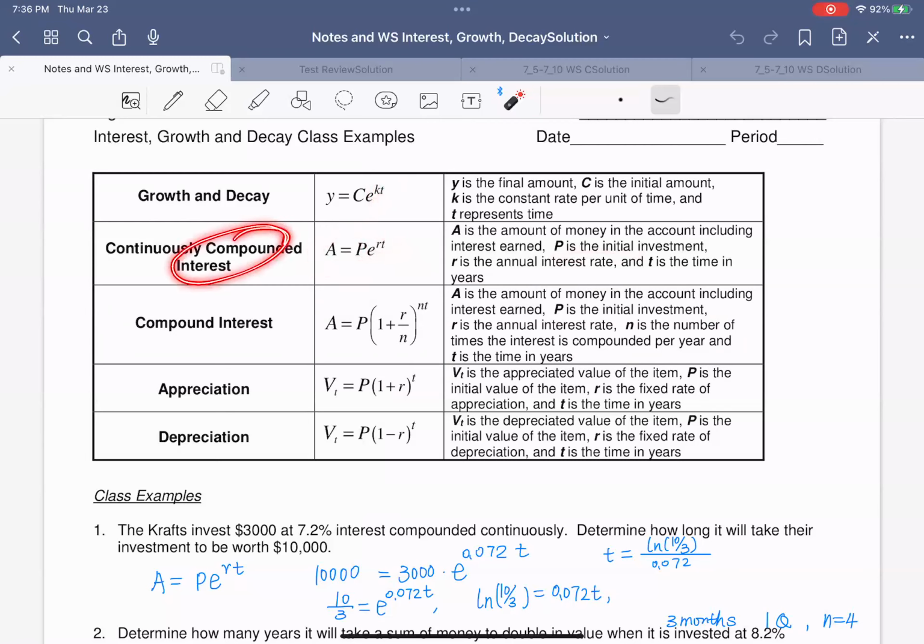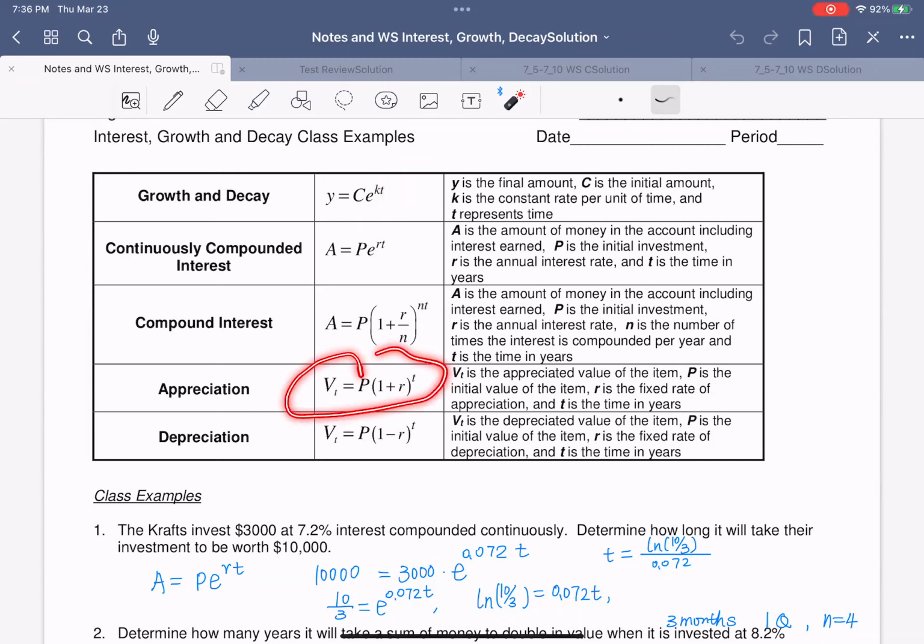Here we are talking about money, so P is the money. Here it is about a kind of virus, so this is the initial amount of the virus. If K is positive, it's growth. If K is negative, it's decay.